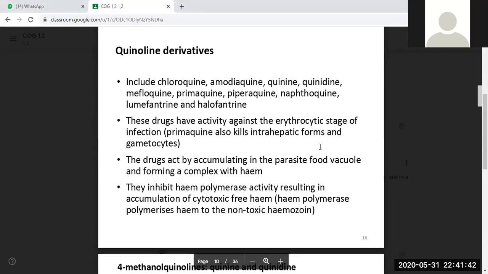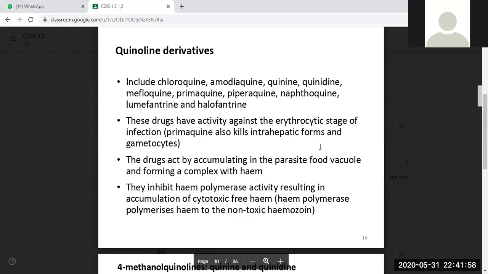Okay, so quinoline derivatives, these drugs have an activity against the erythrocytic stage of the infection. Primaquine also kills intrahepatic forms and gametocytes. So this is the primary mechanism of action.